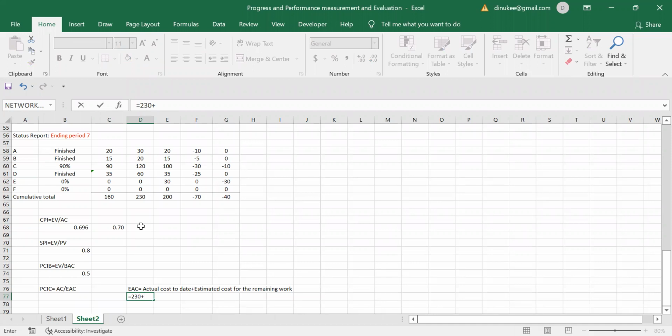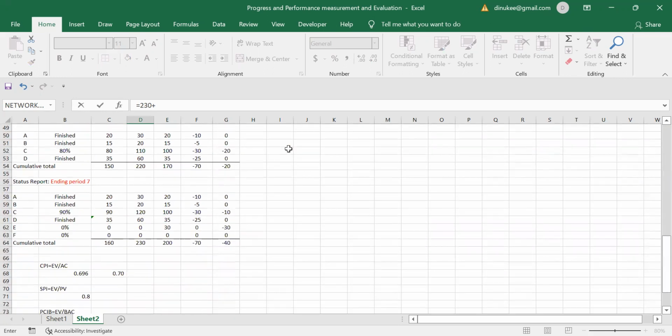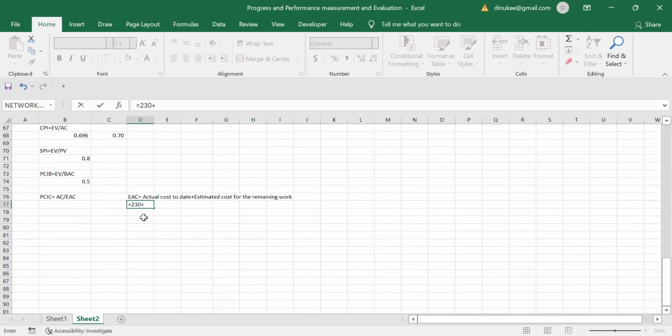So the estimated cost for the remaining work, actually this activity has to be completed at the end of period 11, right? For the remaining work, I have assumed the estimated cost as 270, right?